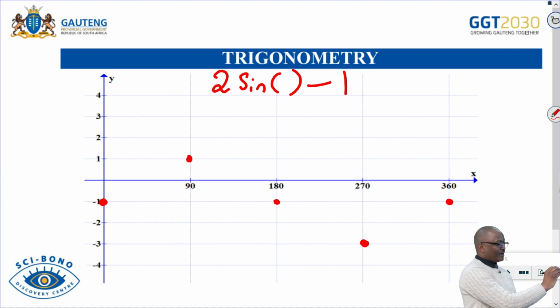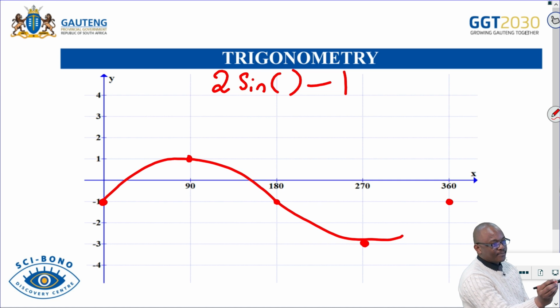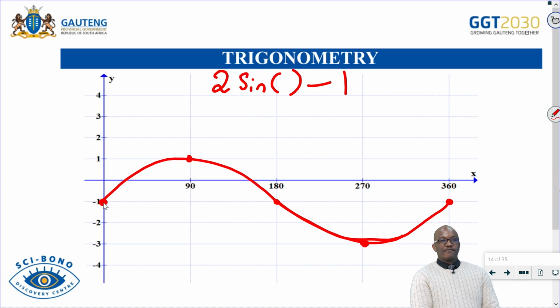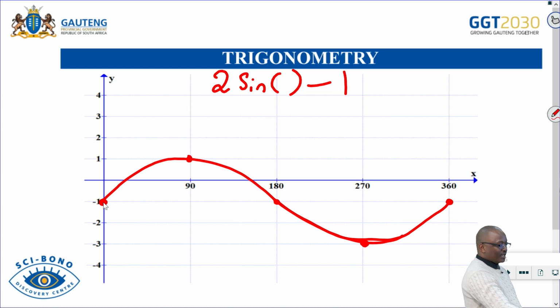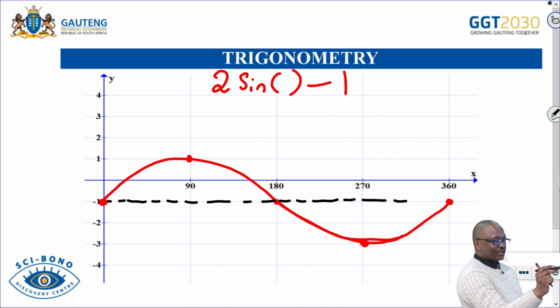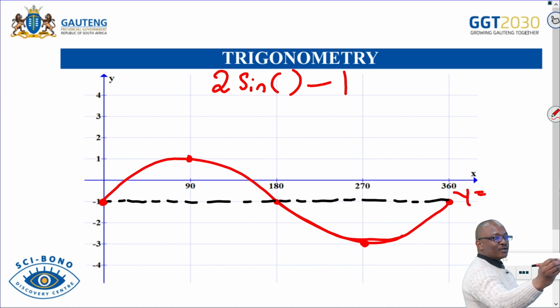And remember, you will join them using nice curves. So now we have drawn our graph for 2 sine x minus 1. We can see that here our midline is y is equal to negative 1.